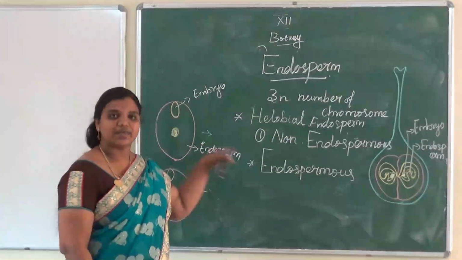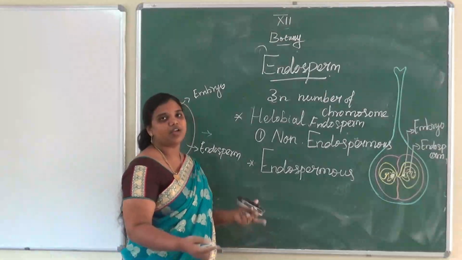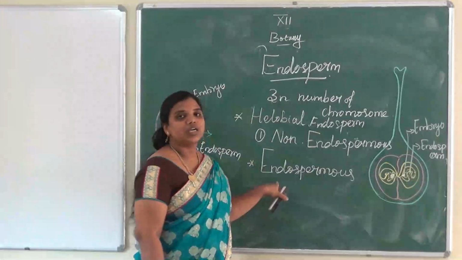Non-endospermous means absence of endosperm, and endospermous means presence of endosperm. This is the common difference between them.